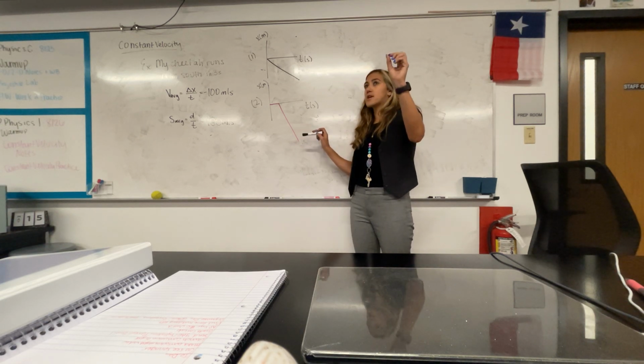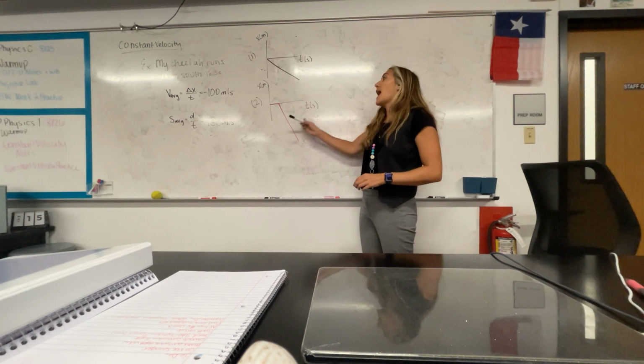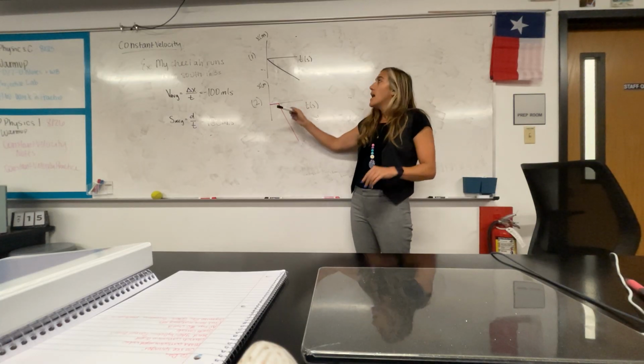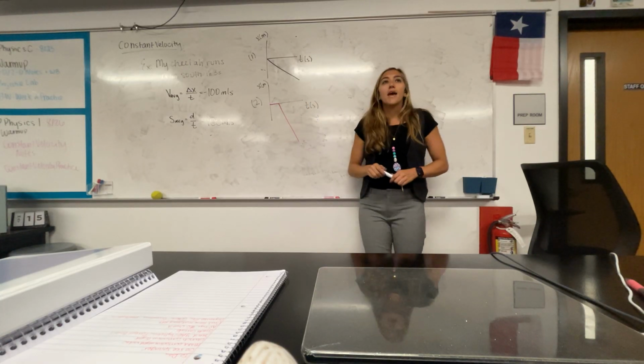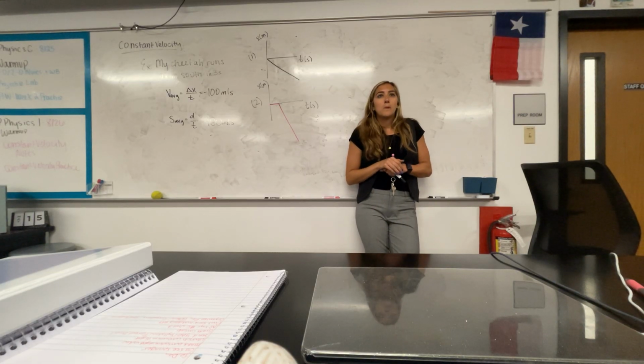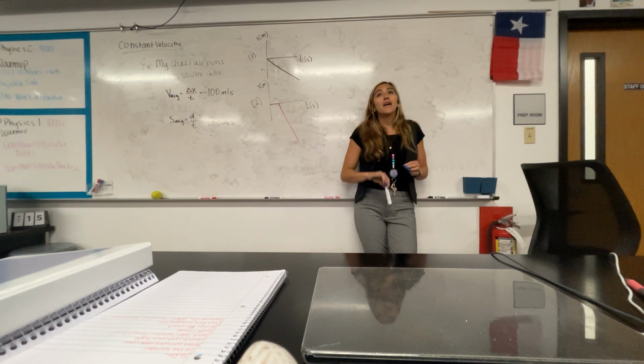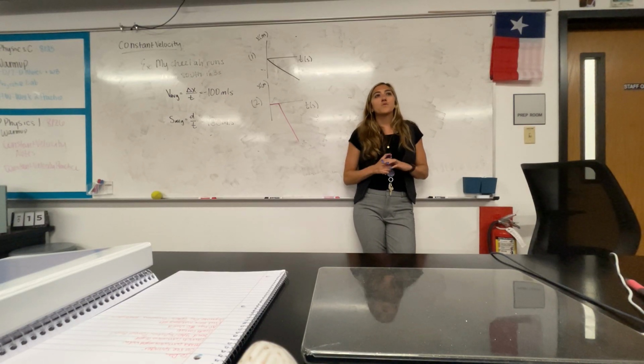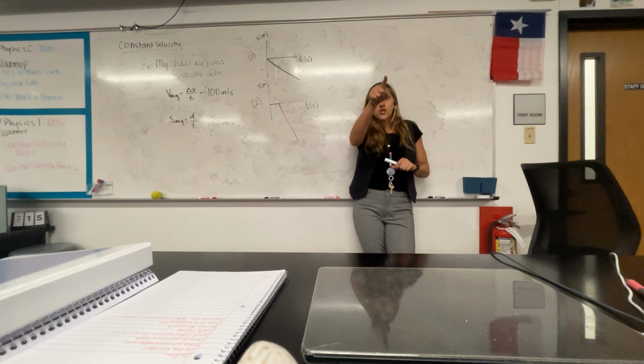Here's the tricky question. In which case, after she starts moving, does she have a higher velocity? Option 1 or option 2? Not which one is she going fastest, which one is she going to have a higher velocity? After she moves, 1. 2.